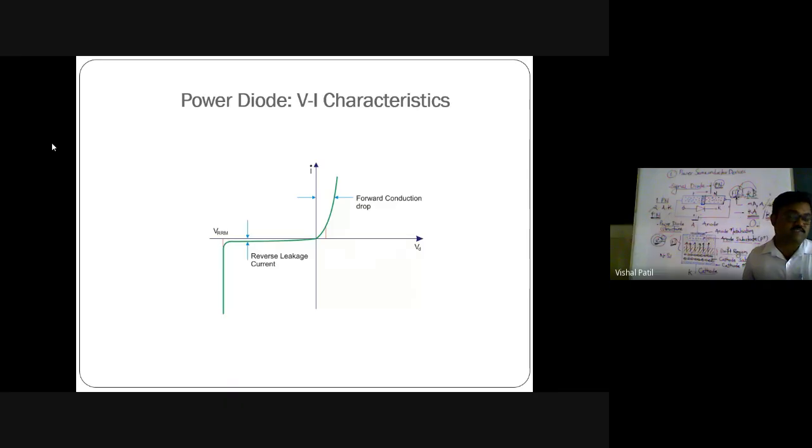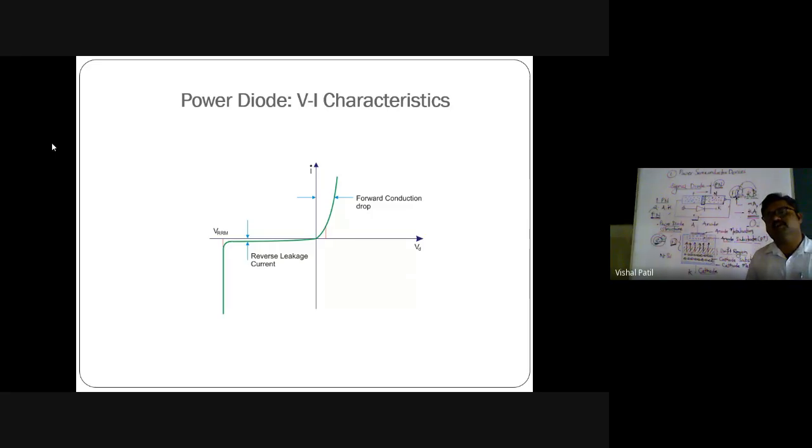The voltage at which we get this very high current, that limit of the voltage, we call the peak inverse voltage. And the current which is flowing in reverse bias till then, we call the reverse leakage current. Leakage means a very small current flows up to the peak inverse voltage. But above peak inverse voltage, we say only reverse current, not leakage current.